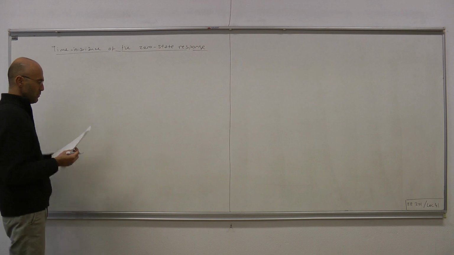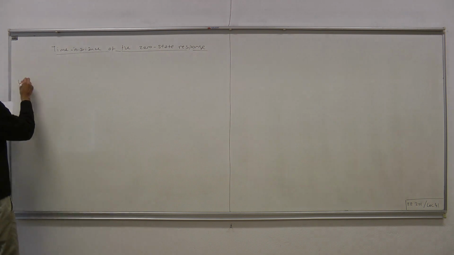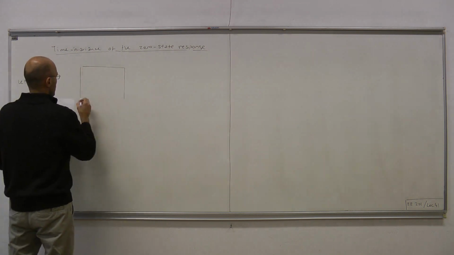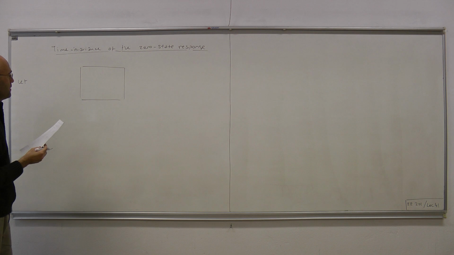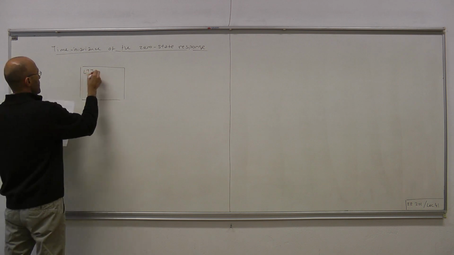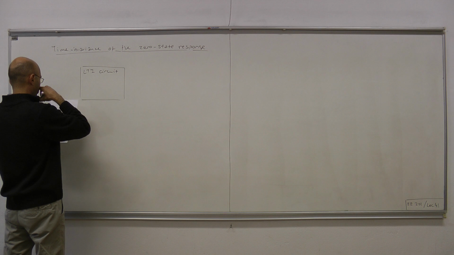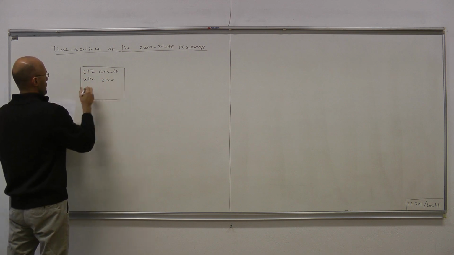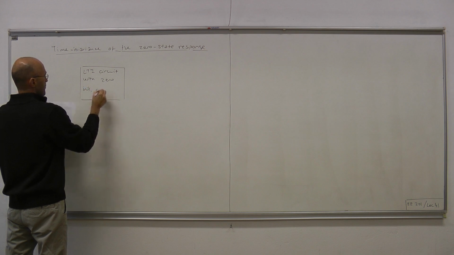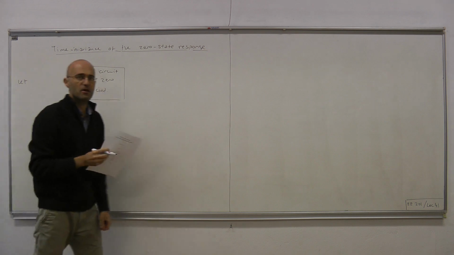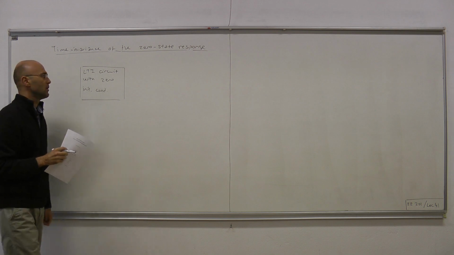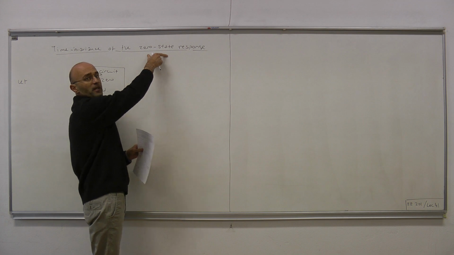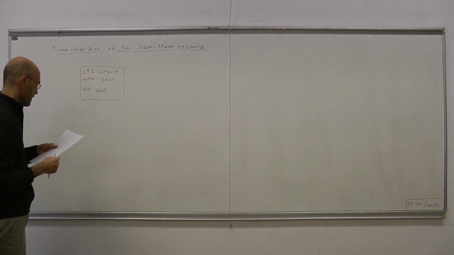In mathematical terms, it boils down to the following. This box represents an LTI circuit with zero initial conditions. So you set all the capacitor voltages to 0 and all the initial inductor currents to 0. That's what we mean by definition by zero state.